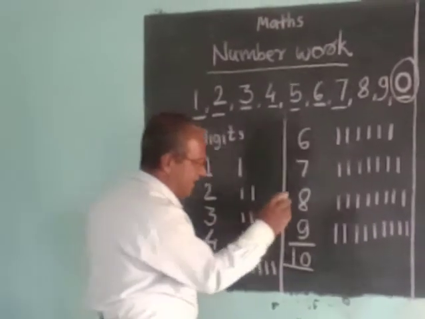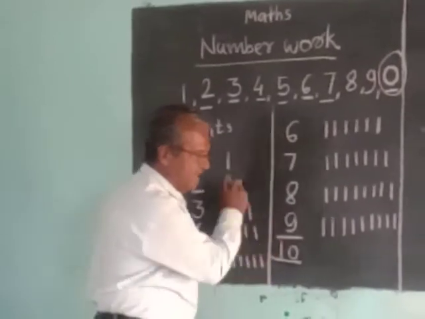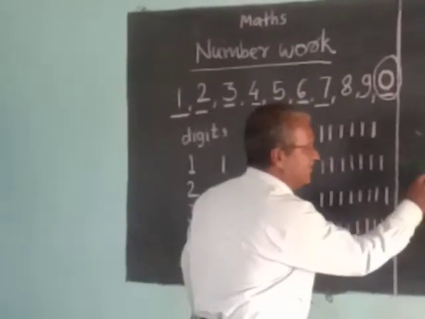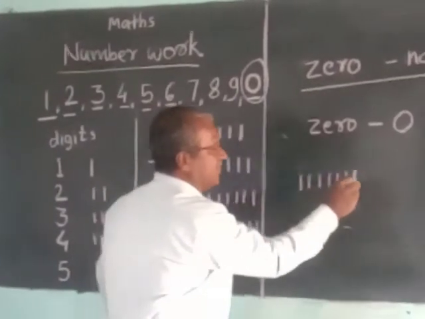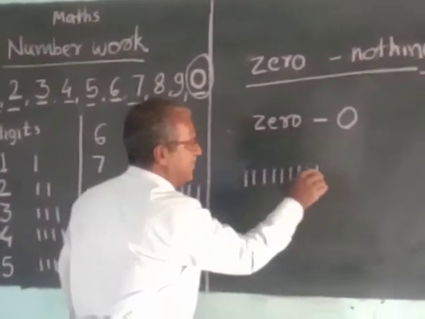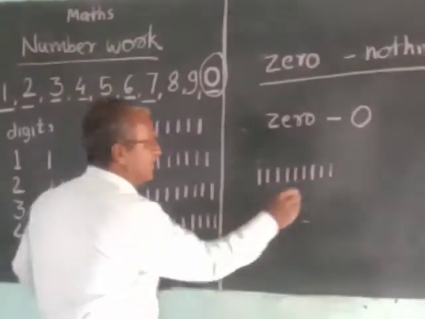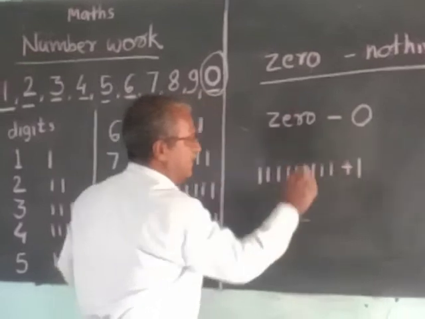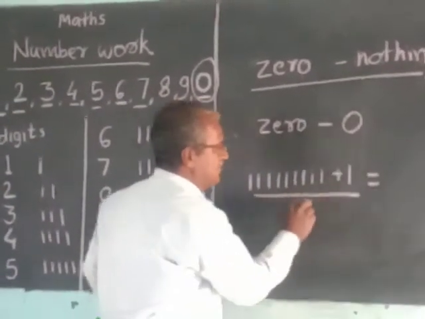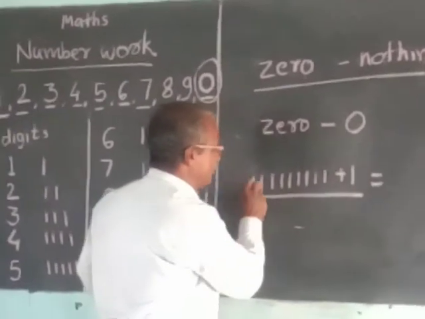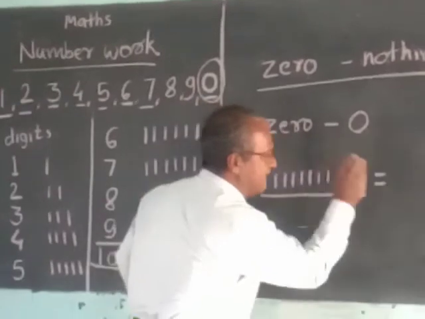But I made the next number after 9 by adding 1. How did I add? 1, 2, 3, 4, 5, 6, 7, 8, 9, and I added 1 more to the 9. In total it makes 10.